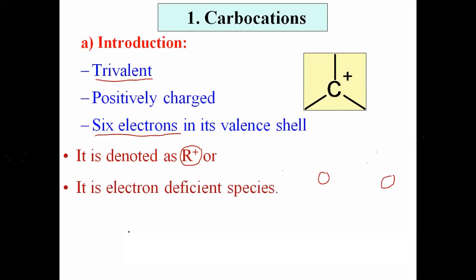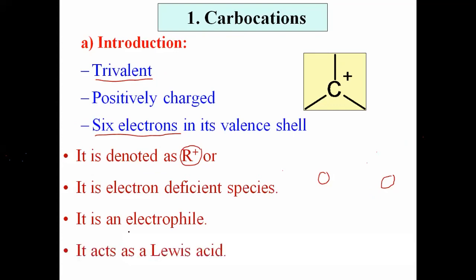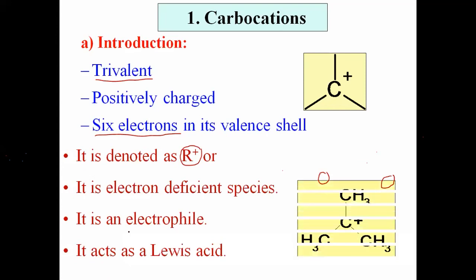Then it is an electrophile because it is positively charged. And last, it acts as a Lewis acid because it has a tendency to accept an electron pair from another, hence it is a Lewis acid. This is the introduction of carbocation, and this is an example of a carbocation.